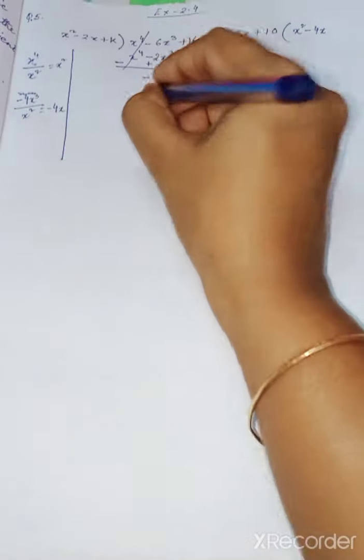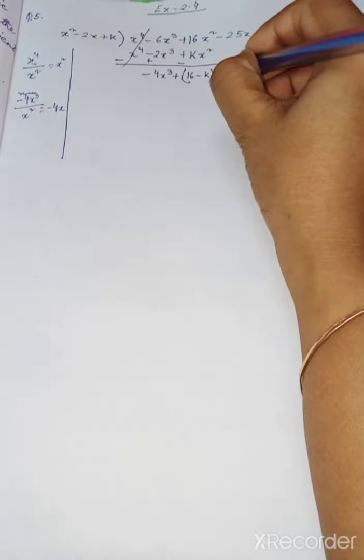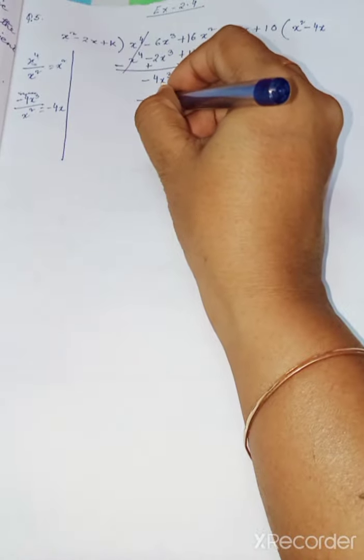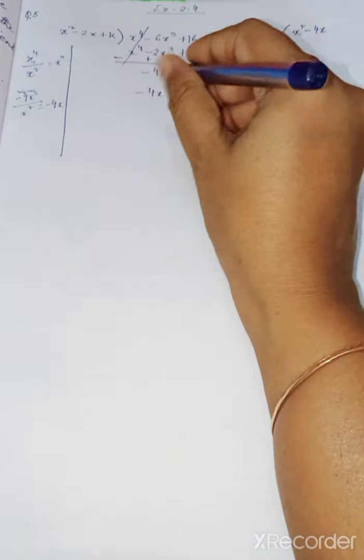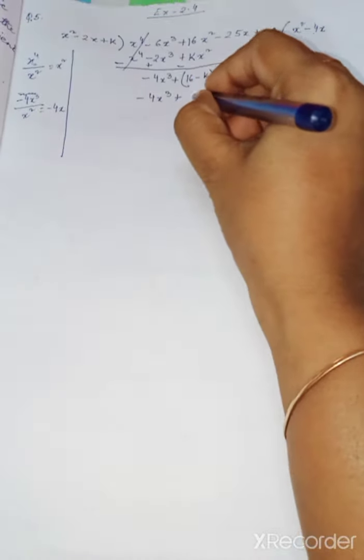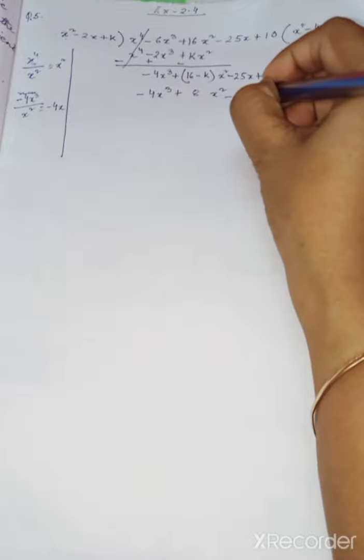When we multiply minus 4x, minus 4x cube, minus minus plus, this one multiplies with minus 2x, so plus 8x square, and then minus 4kx.